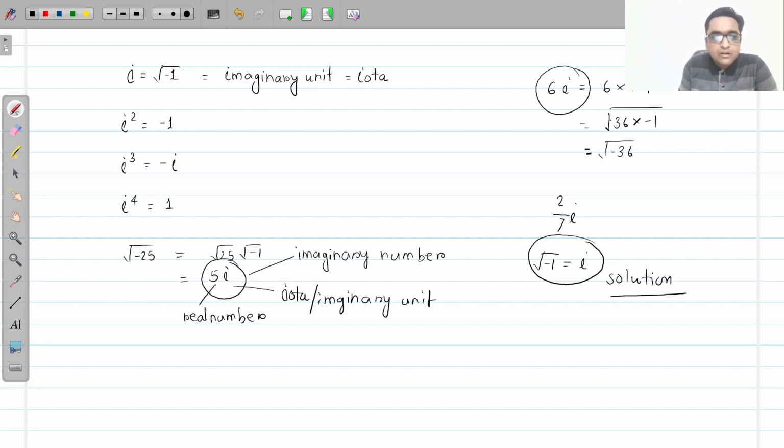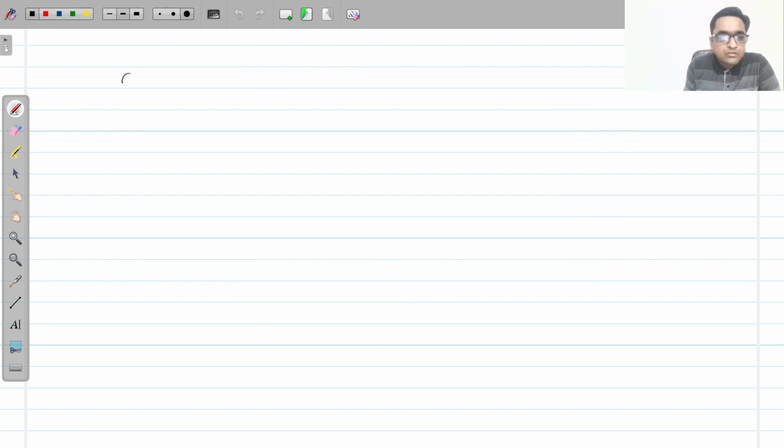So let us see what a complex number is. A complex number is simply a plus bi, denoted by z.